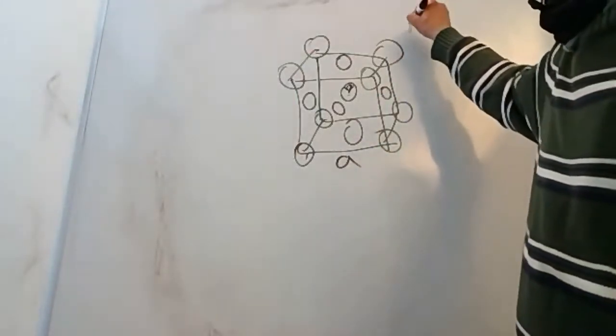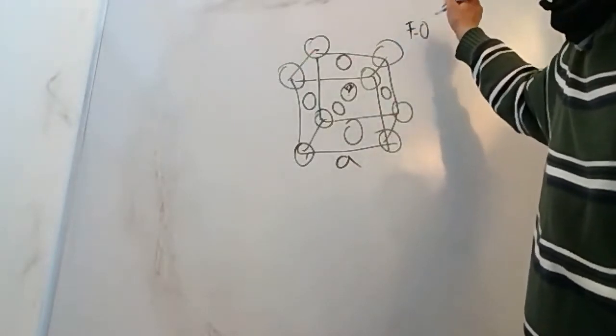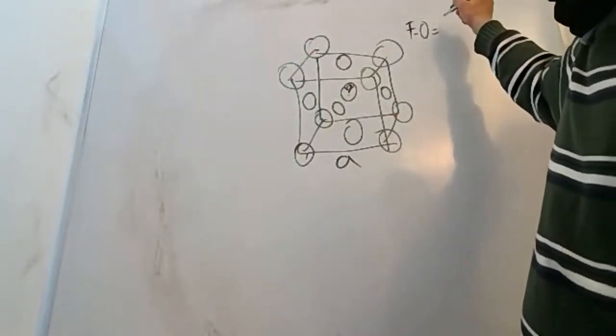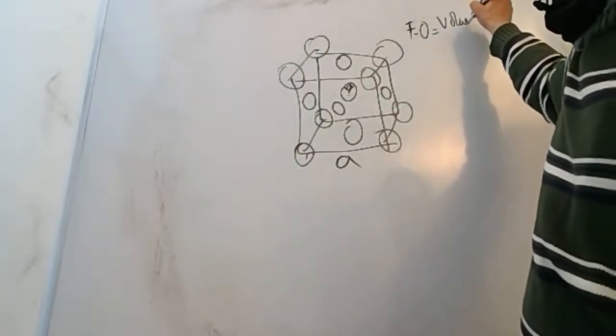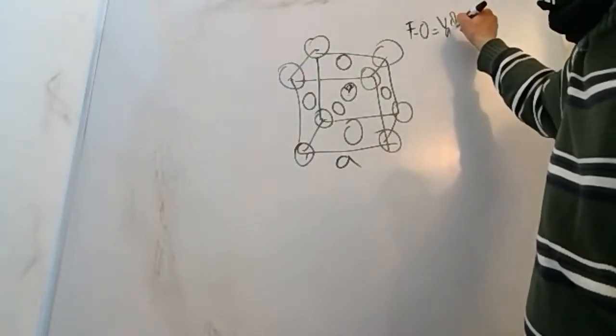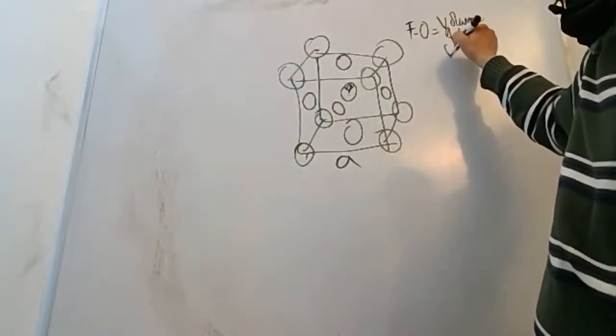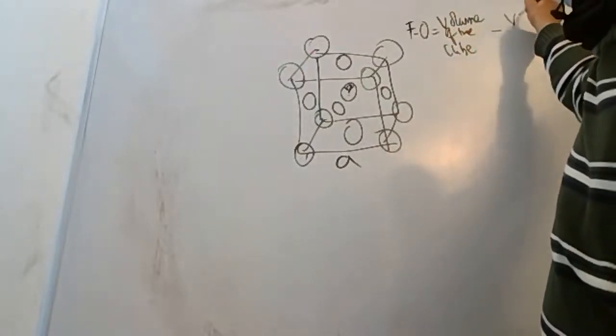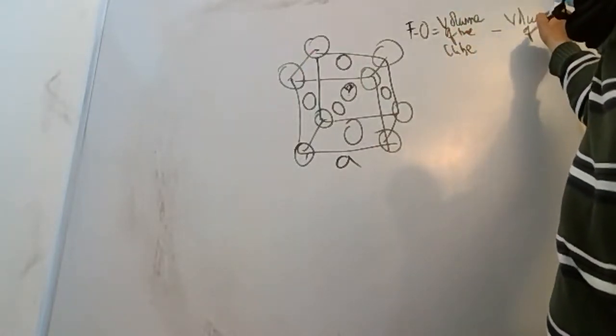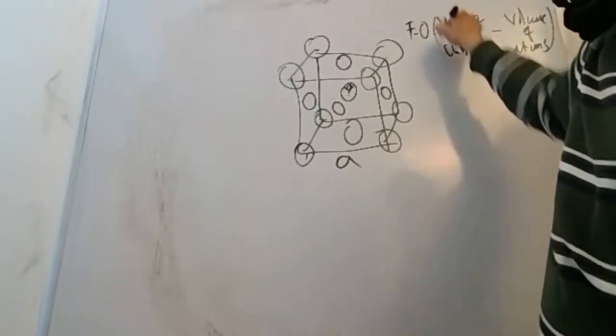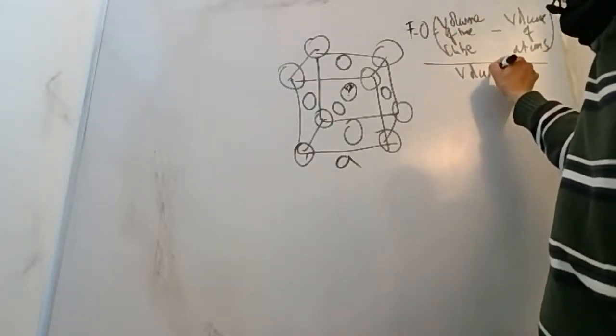So the fractional occupancy, FO, is volume of the cube minus volume of atoms, divided by volume of the cube.